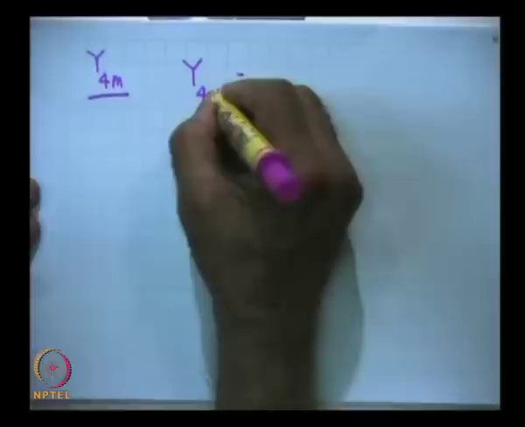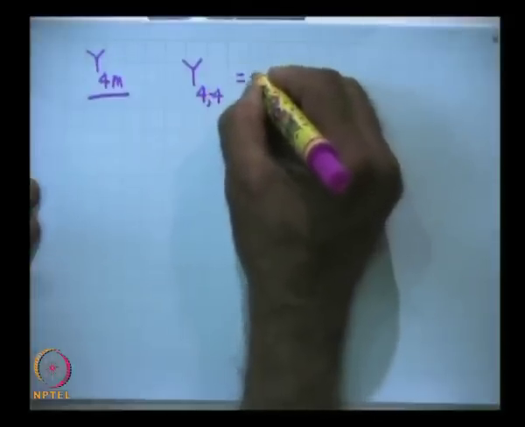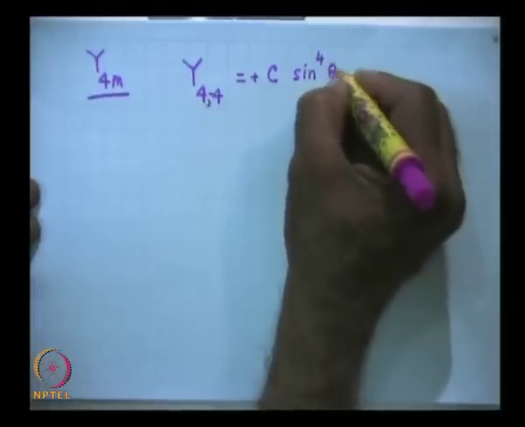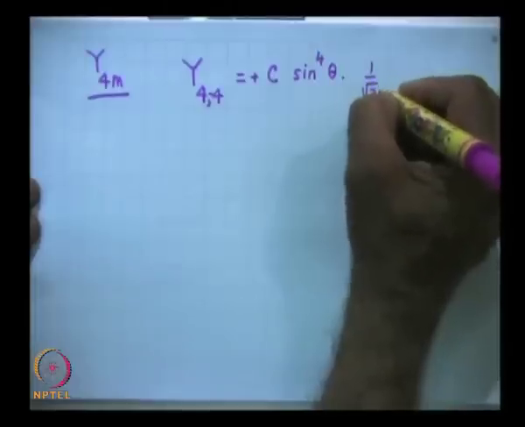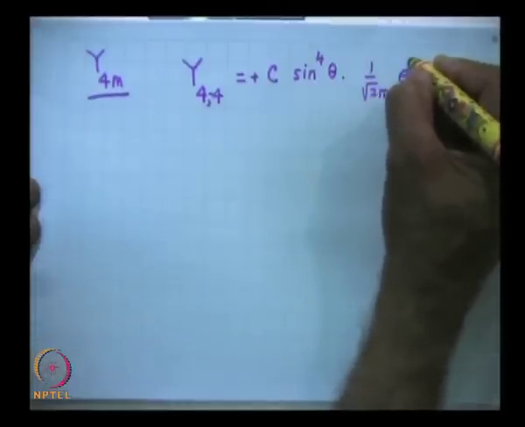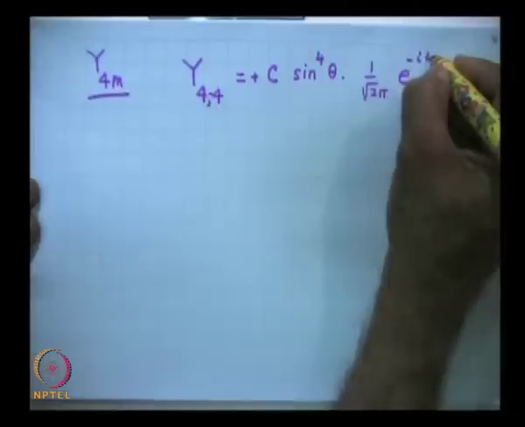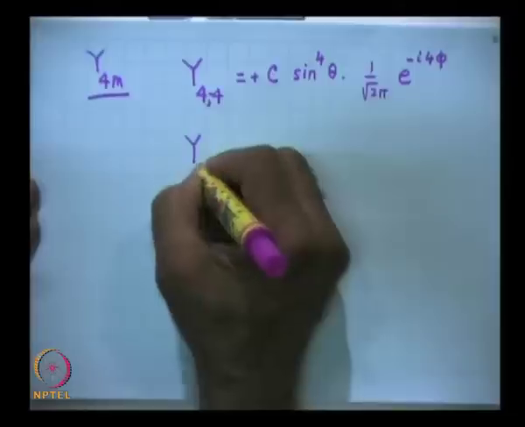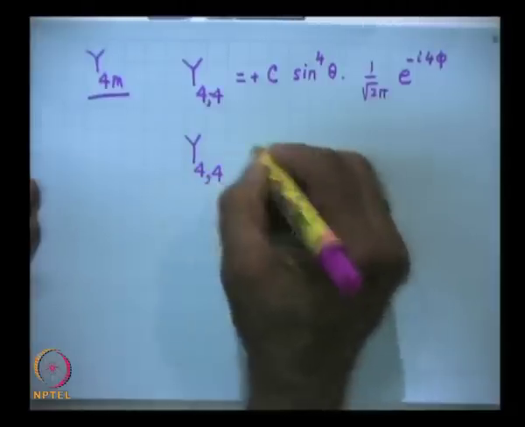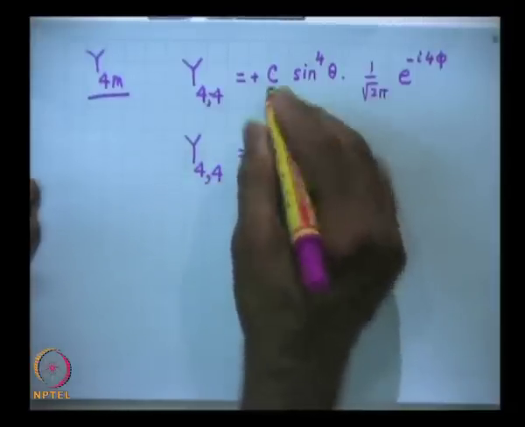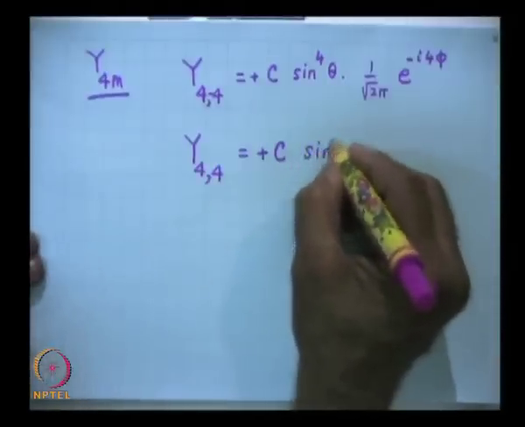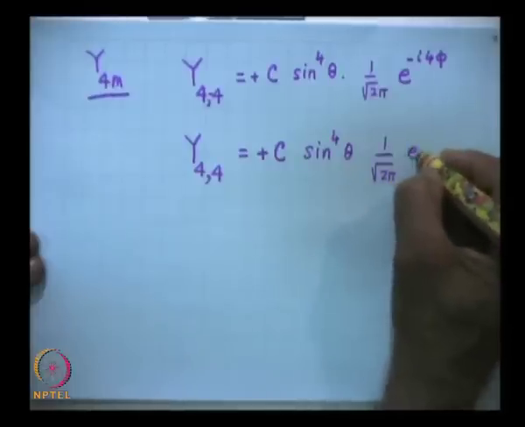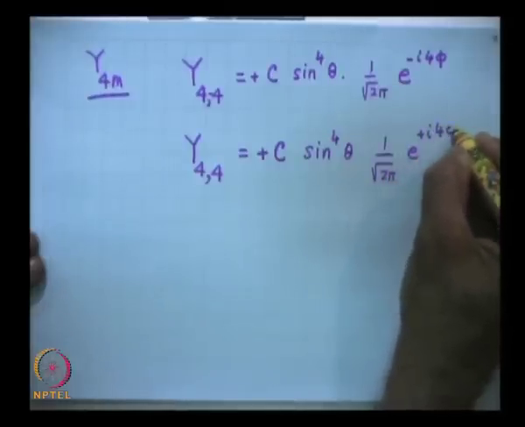Y4 minus 4 will be plus c sine to the power of 4 theta multiplied by 1 over root 2 pi e to the power of minus i 4 phi. I can also write down Y44, will be again plus c, same constant, sine 4 theta, 1 over under root of 2 pi e to the power of plus i 4 phi.